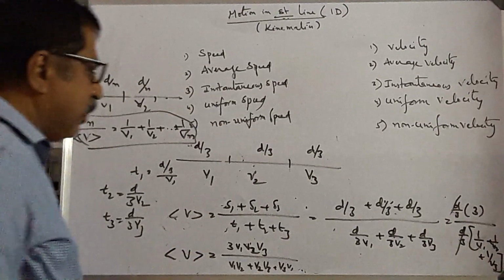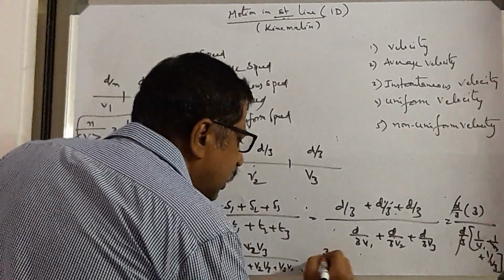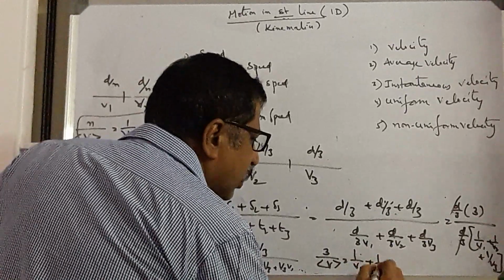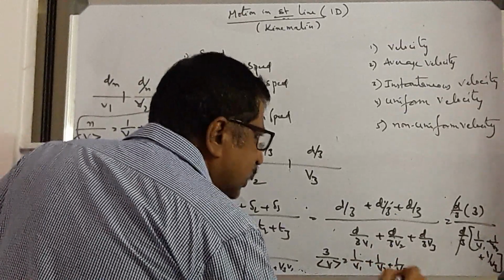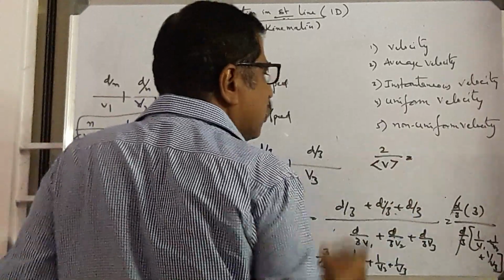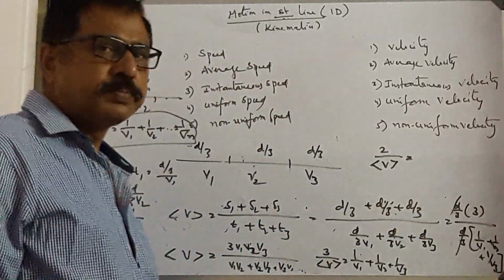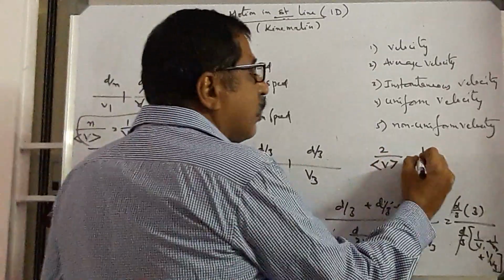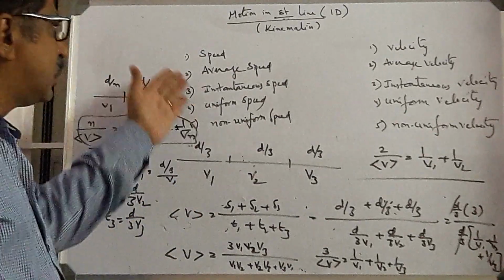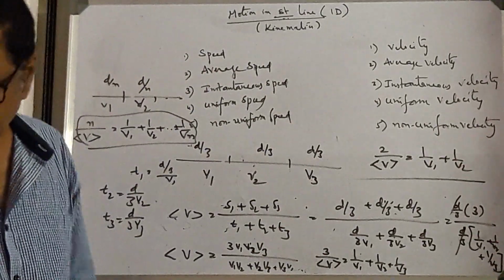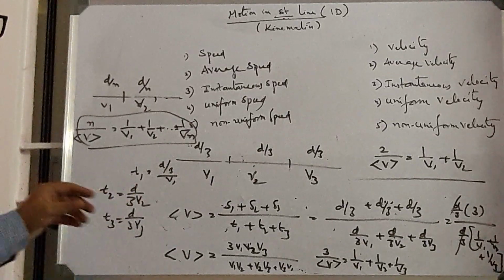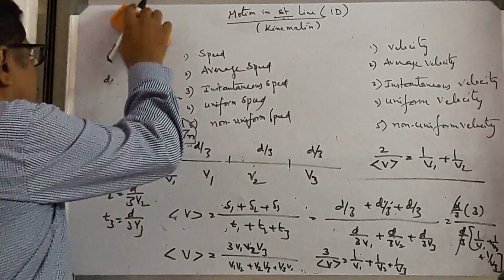Here this formula becomes 3 by v average is equal to 1 by v1 plus 1 by v2 plus 1 by v3. The first one becomes 2 by v average is equal to 1 by v1 plus 1 by v2. Like this, the average speed of a body we can find.